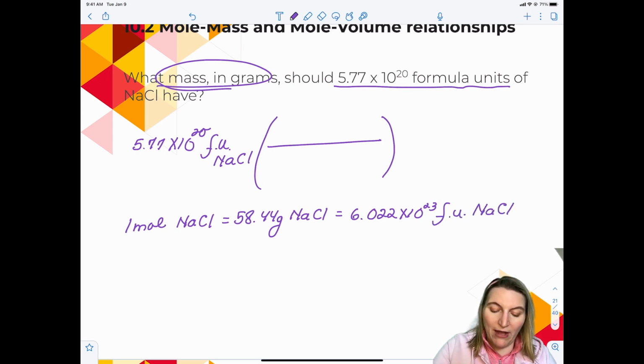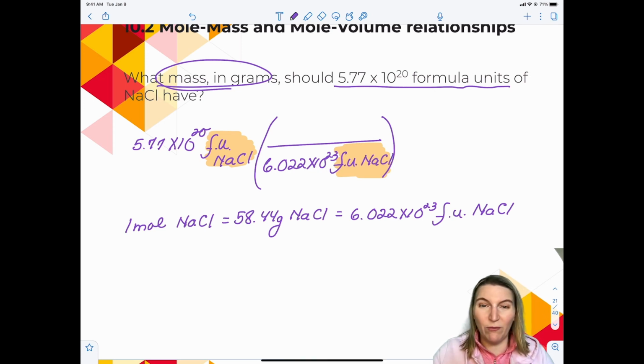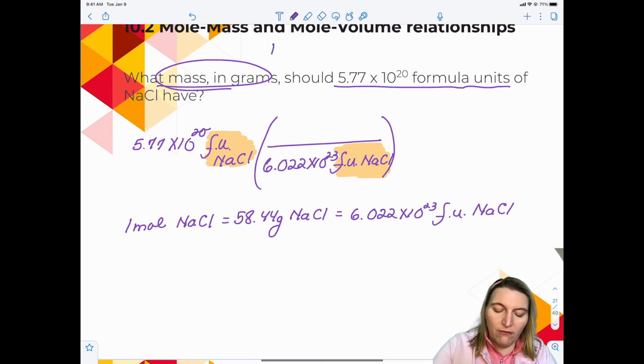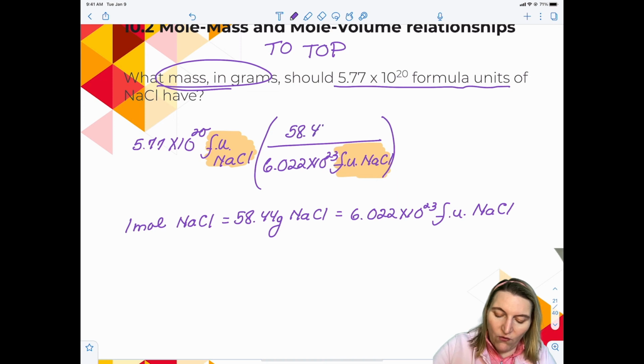So I now match up my units like we always do. So the bottom here is going to be 6.022 times 10 to the 23rd formula units of NaCl. So we can't use molecules, but it's sort of the same idea. And on the top, whatever I'm converting to needs to go on the top. The question's asking me for mass, so I put 58.44 grams on the top.